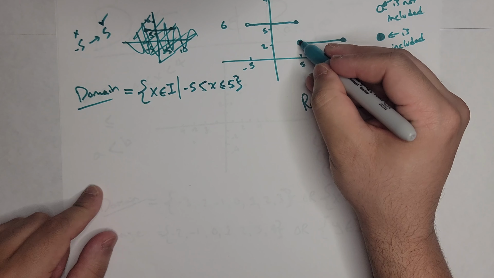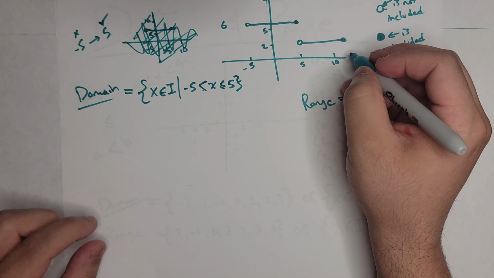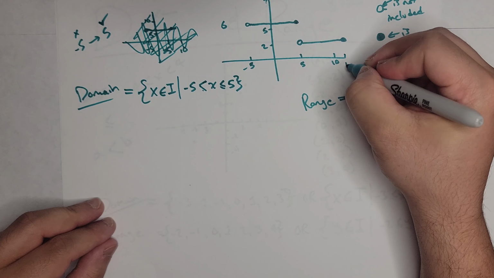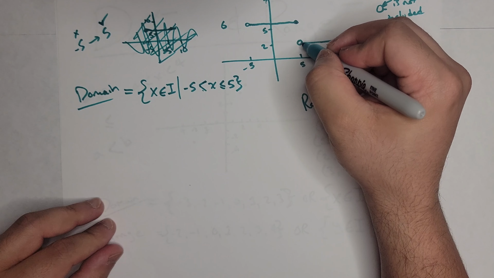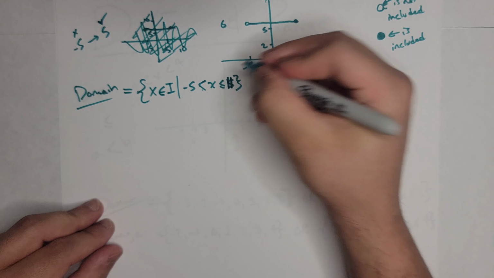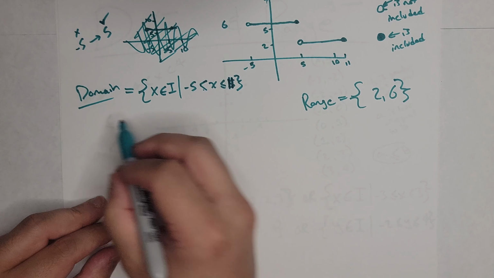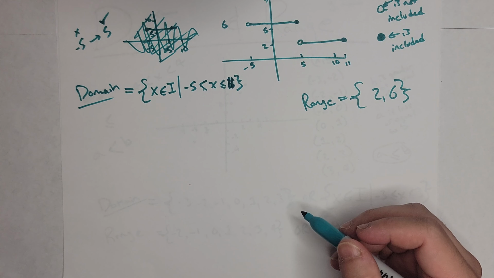But this 5 is, even if this one is open, this one is included. But let's say this ends at 11. So actually, the range will continue all the way to 11. And that is the domain and range for this particular function.